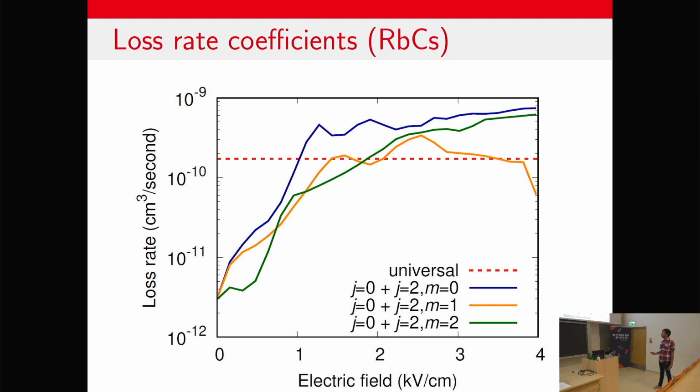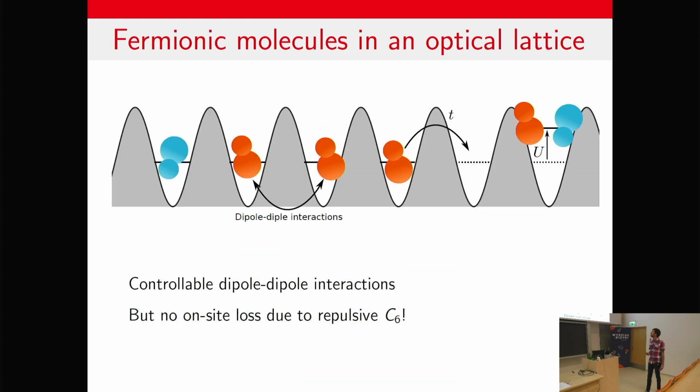You can see that at low fields, where this story should apply, the loss rates are suppressed with respect to this universal loss rate by 2 or so orders of magnitude. And if you go closer to a kilovolt per centimeter, the losses increase, but you still have some suppression, and you can induce a bit of a dipole and actually use it.